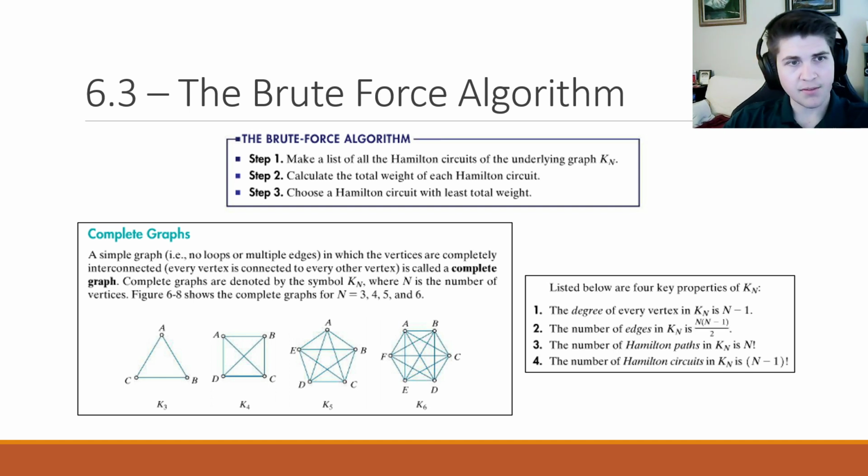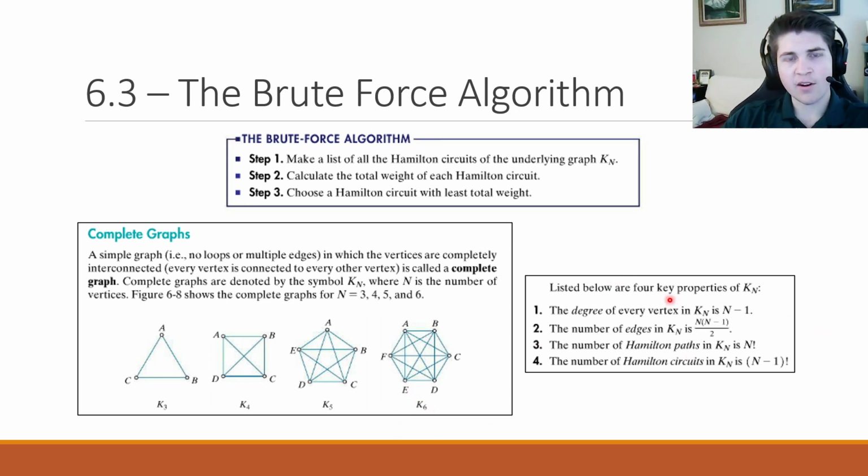K4 is the complete graph of size 4. K5, let me use my laser pointer. K3, size 3, K4, size 4, K5, size 5. Basically, it's just a way of denoting how many points are in my circuit, how many places I need to go to. So say I had to go to 12 different places on my vacation or business trip. That would be K12 or whatever.